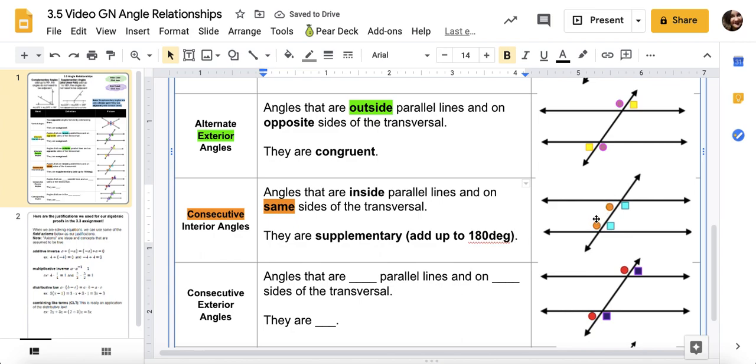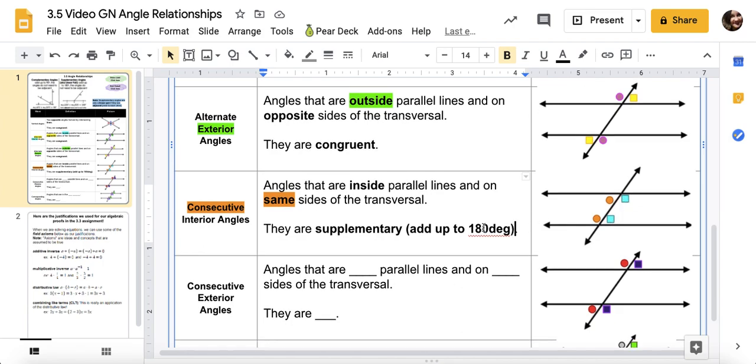These orange angles are on the same side of the transversal, and they are inside the parallel line. So if I were to add up these two orange angles, their measures, it would equal 180 degrees. If I were to do the same with these cyan angles, the measures of these cyan angles, they would also be 180 degrees.